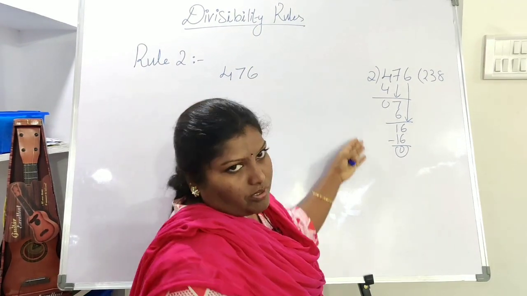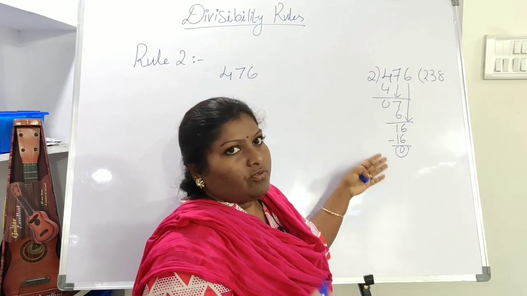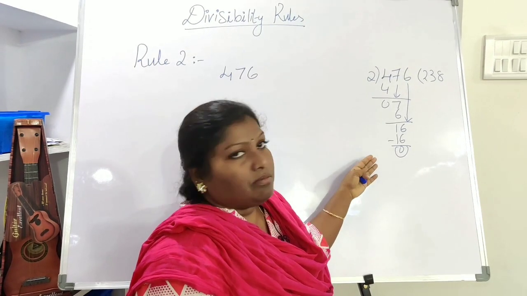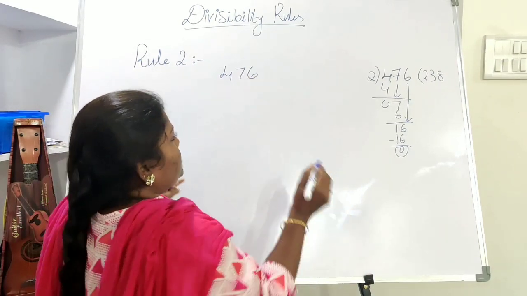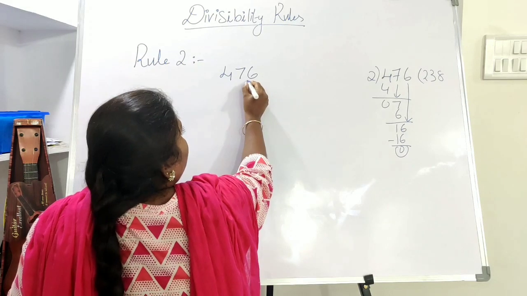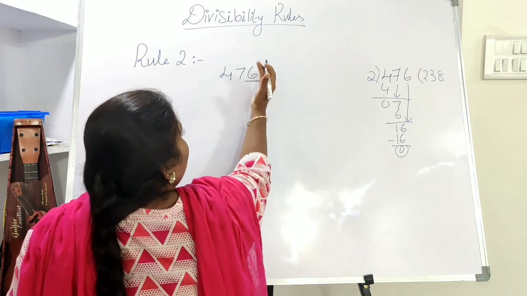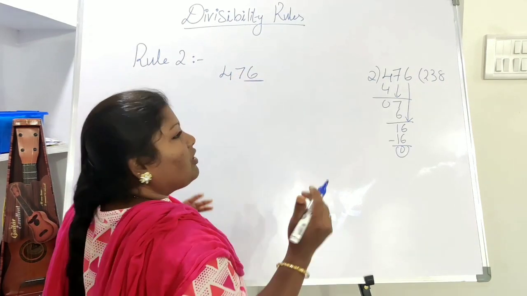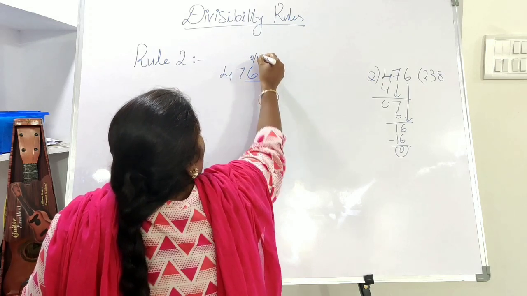So this is a long process. Instead of this, I am going to tell you an easy process to say whether this number is divisible by 2 or not. How? The given number is 476. You have to check the units digit. You know that the first digit on the right side is the units digit or ones digit.